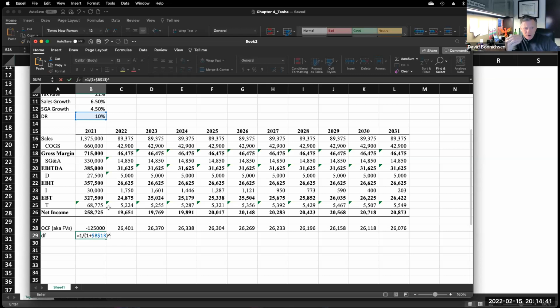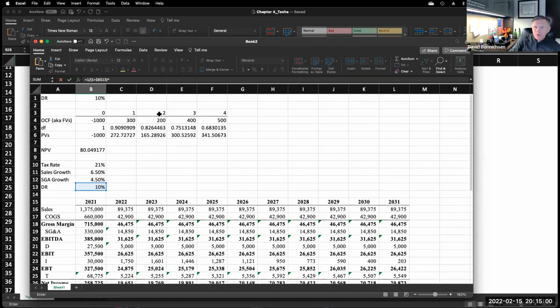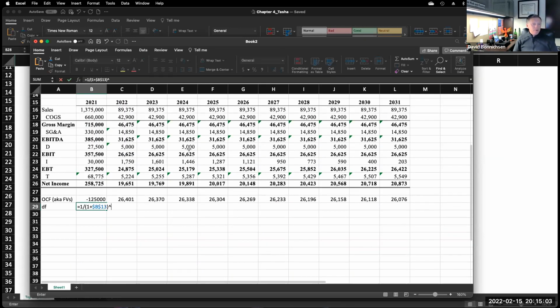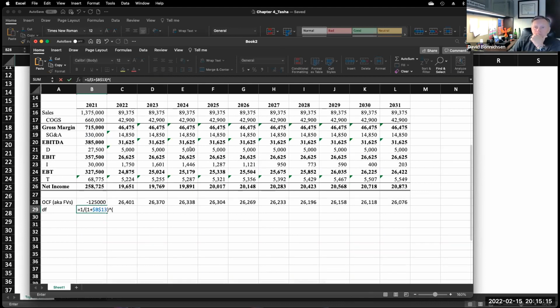It's raised to the exponent of the time period that I'm referencing. So what formula can I put in parentheses that will allow me to do this one time and then drag it out for 10 years, that will give me 0, 1, 2, 3, 4 as my exponent? Because that's what we're looking for. It's the time frame of reference. Anybody have any ideas?